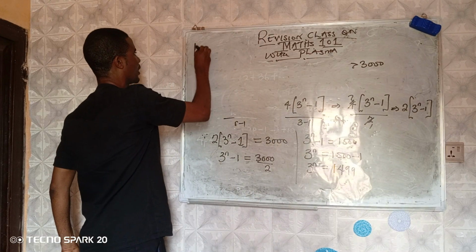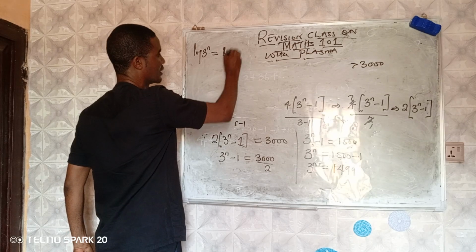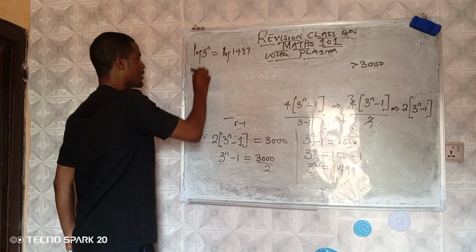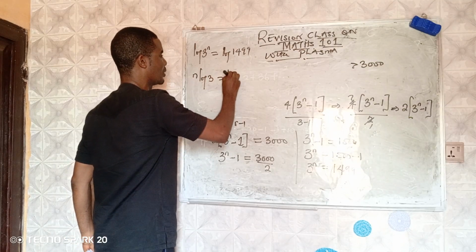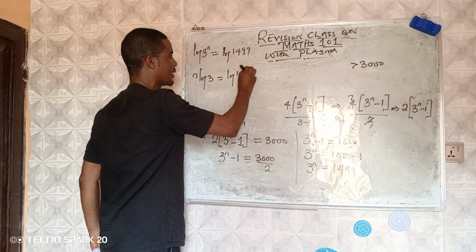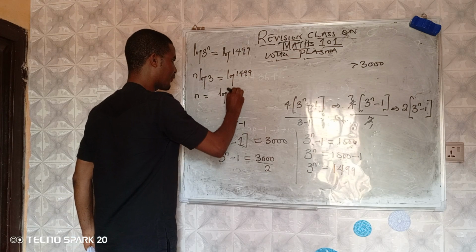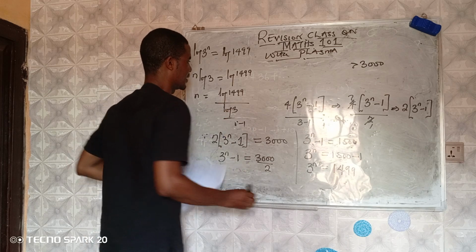So I'll have log 3 raised to power n equals log 1501. This will produce n log 3 equals log 1501, so that n becomes log 1501 divided by log 3.